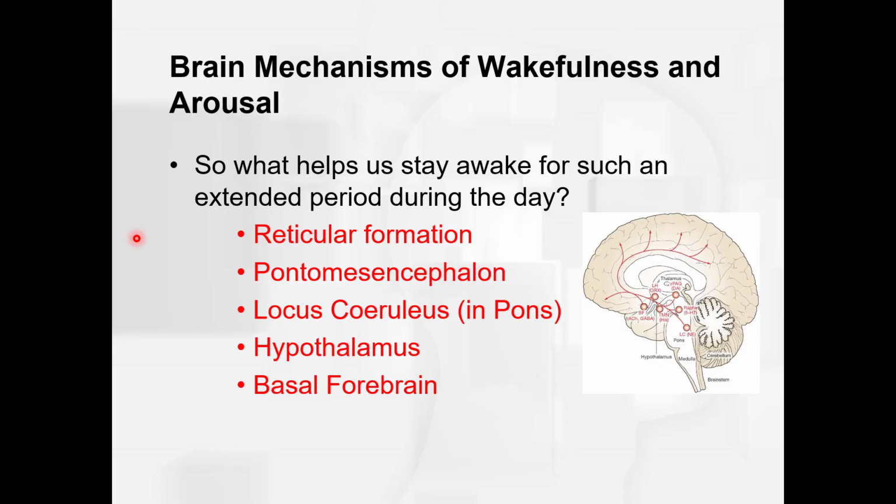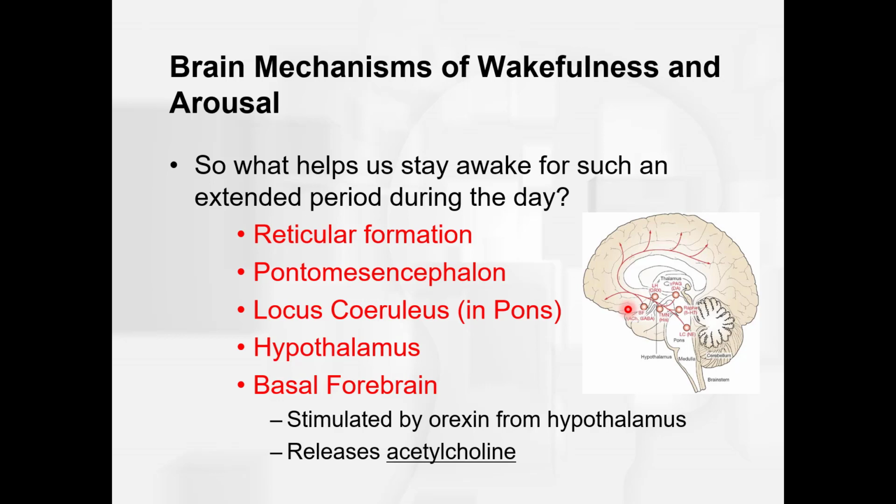The next area we're going to talk about is the basal forebrain. So the basal forebrain is right here where you see it says BF. And those cells are going to be stimulated by the orexin from the hypothalamus. When they're stimulated, they're going to release acetylcholine, which is then going to sharpen our attention.